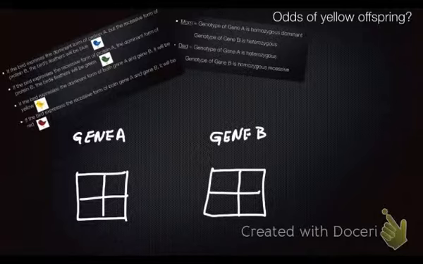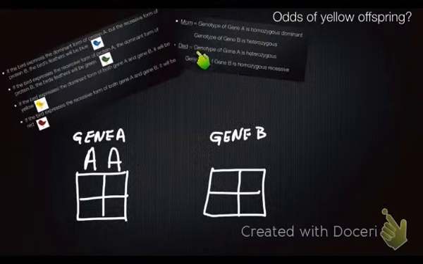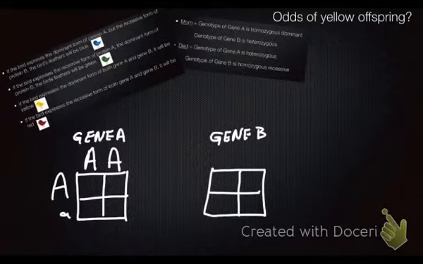I'm going to fill in mom's alleles first, and so I need to go look at mom. Her genotype for gene A is homozygous dominant, so to represent that I'll put two capital letter A's to represent mom's two alleles. She's homozygous, meaning two of the same, and they're dominant, so they're both capitals. And dad for gene A, his genotype is heterozygous, so he would have, hetero means one of each, so he'd have a big A and a little a. That square is ready to roll.